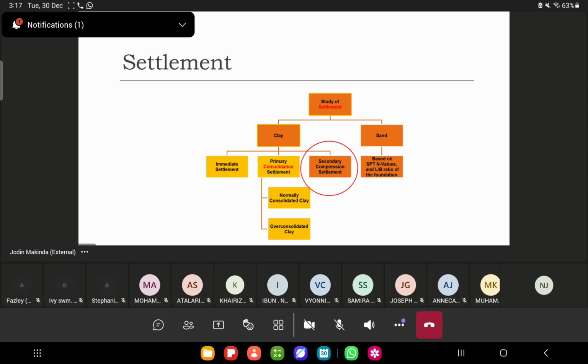Immediate settlement is when the air is removed out of the soil layer. Primary consolidation is when the water is removed out of the soil layer. Meanwhile, secondary compression is when the grain particles are rearranged, and the rearrangement reduces the thickness of the layer slightly.